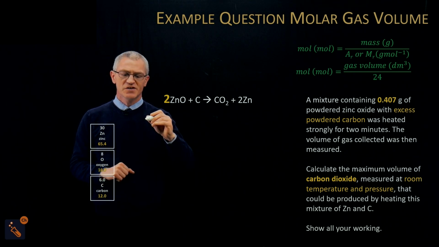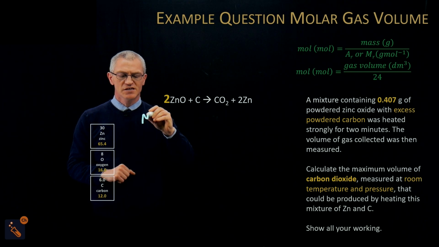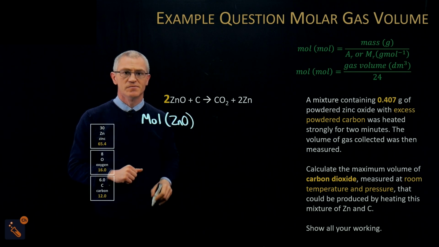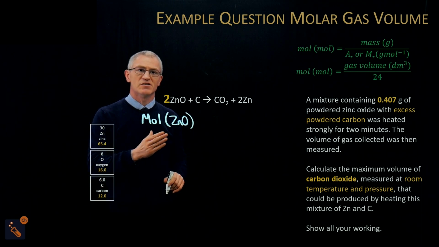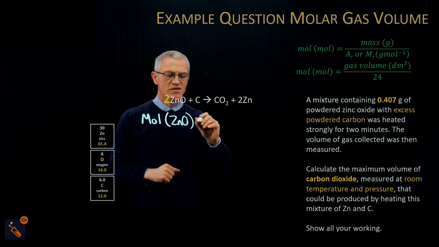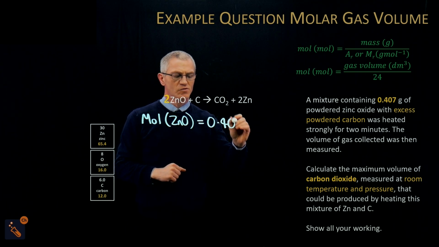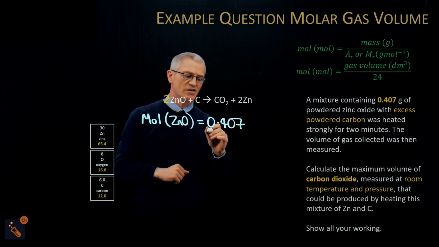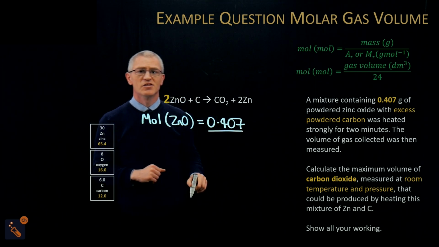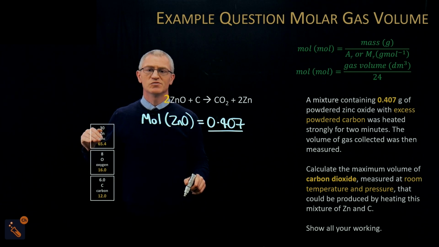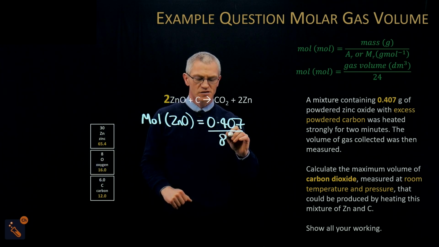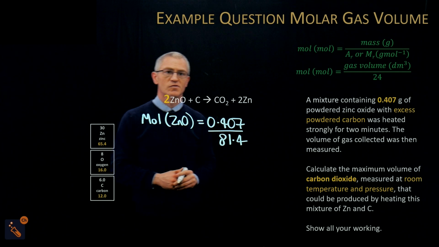So what we're going to start off with is moles, and this is our moles of zinc oxide. Our moles of zinc oxide is our mass, and our mass is going to be 0.407, and then you divide it by the molecular mass. Now we've got our symbols from the periodic table here. So zinc oxide would be 65.4 plus 16, which is 81.4.